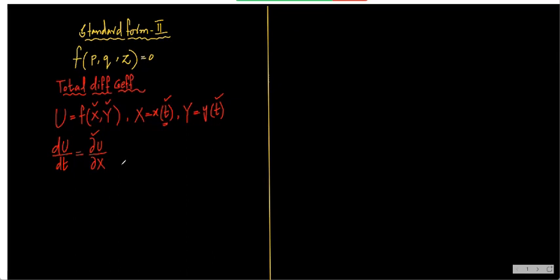Partial differentiation, yes, whenever u is a function of two variables, that's why we are using tau. Into x is a function of one variable only, so it is dx by dt, plus once again there is one more variable here in u, so tau u by tau capital Y into d capital Y by dt.